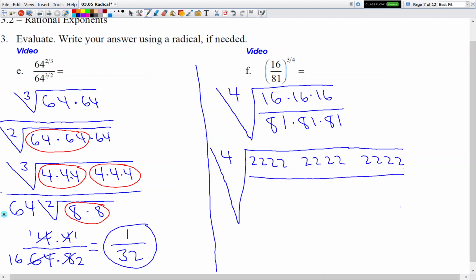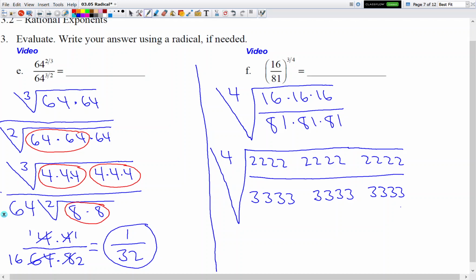And then I'm going to write the 81 into smaller pieces. I know 81 is the result of 3 written 4 times. 3 times 3 is 9. 9 times 3 is 27. 27 times 3 is 81. So I'm going to rewrite the 81 as 4 3's, and I'm going to make 3 groups of them because I got 3 81s. So I got to write 3 sets of 4 3's.